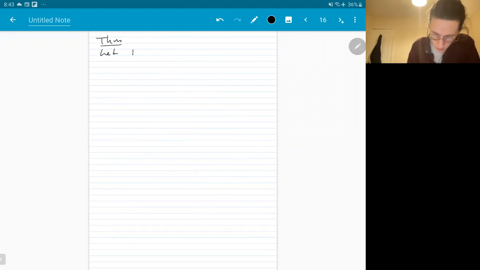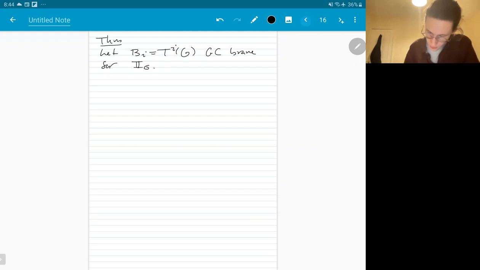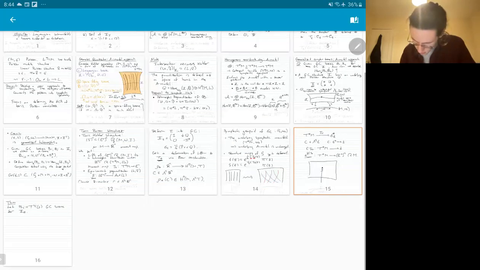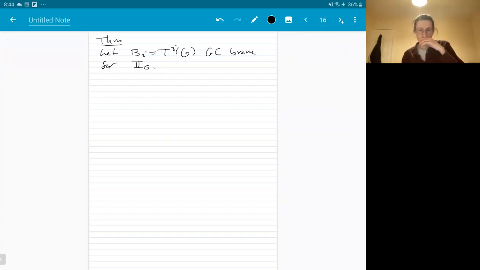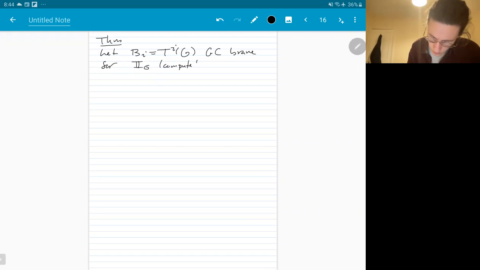So let's call BI the result of applying T I times to O, which is a GC brane for sigma. It's computed using the flow construction from the Marcos paper on branes on Poisson varieties.